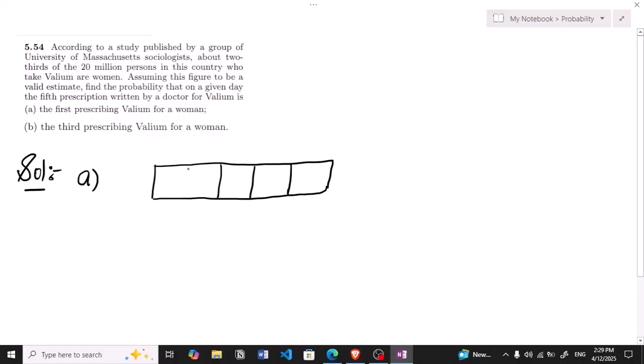This fifth one is the first prescribing Valium for a woman, while all the others were not for a woman. So the probability of it was 2/3, and all others were 1/3, 1/3, 1/3, and 1/3.